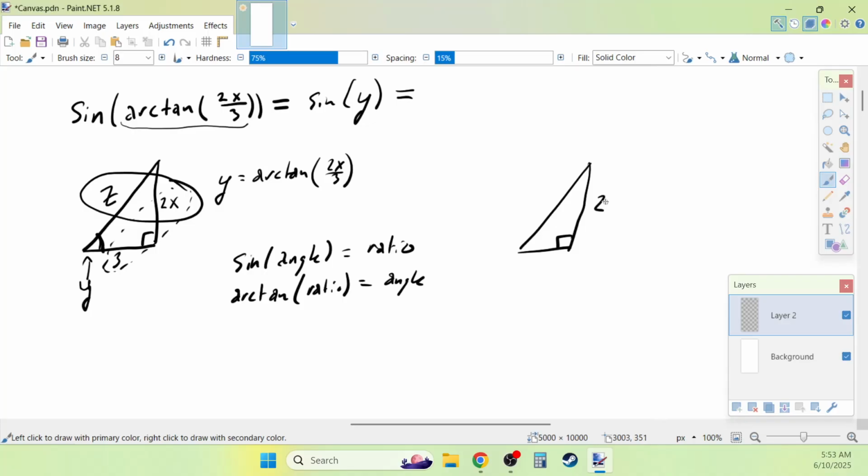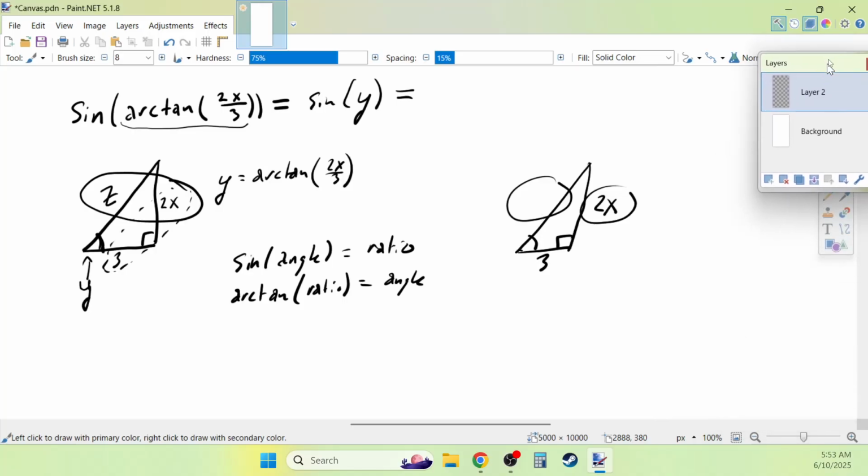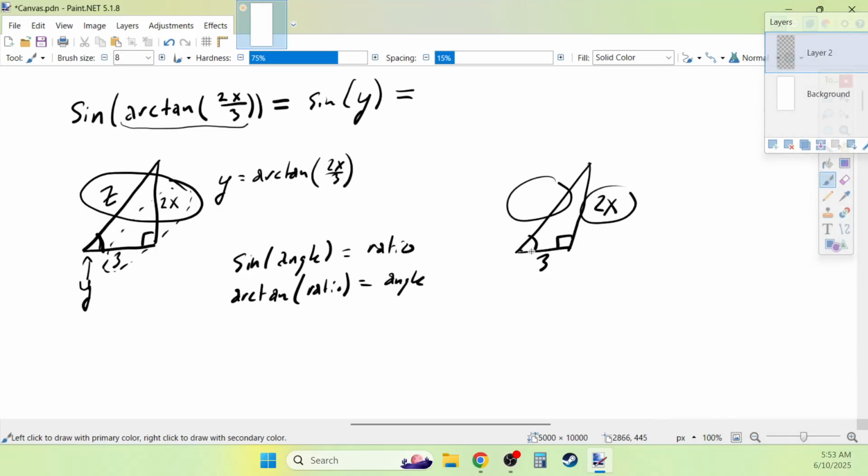We have a triangle where one leg is 2x, the other side is 3. It's a right triangle. Those are the two legs. We've marked this angle. We want to know what is this side divided by this one. And we use the Pythagorean theorem to figure that out. So we get 2x squared plus 3 squared is the unknown side squared.